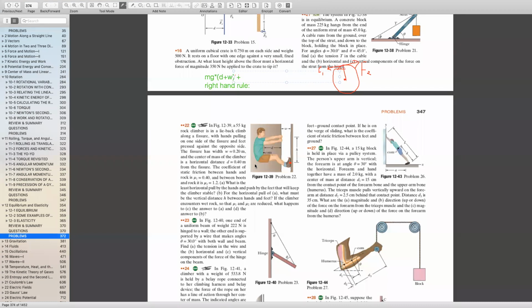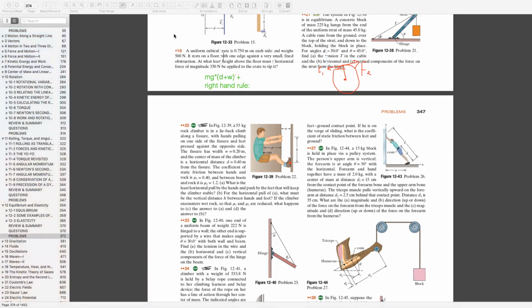Force 1 plus force 2 is minus mg. We got that one. And then mgd plus w minus force 1 minus force n1 is force 1 w. Yeah, mgd plus w, which, hold on, pulling this up.